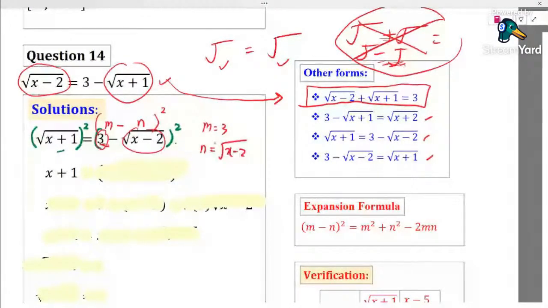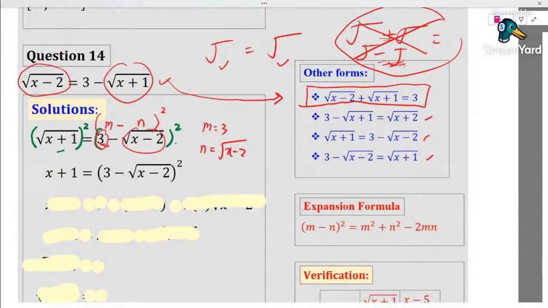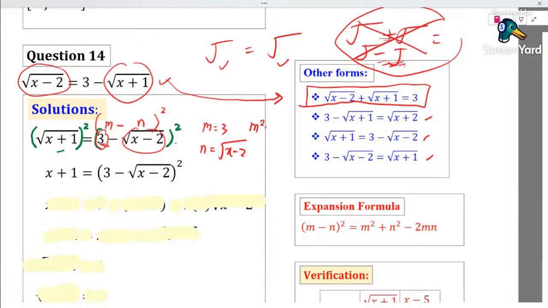Okay. So now we do our expansion. In this expansion, I may not write as detailed as just now, so some of the important facts, I will just do directly here. If I expand, I need to know what m squared is. m squared is 3 squared, which is 9. What is n squared? Square this one, I will have x minus 2. So as a result, the left hand side remains the same.